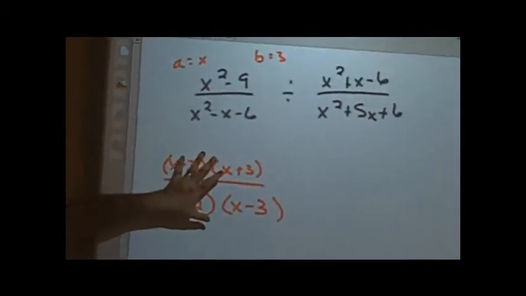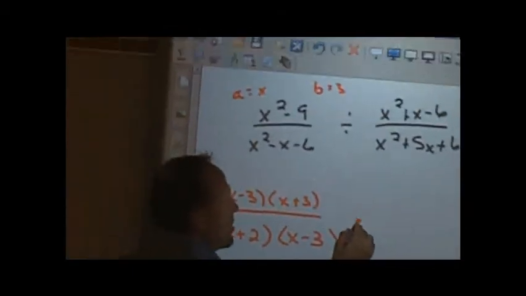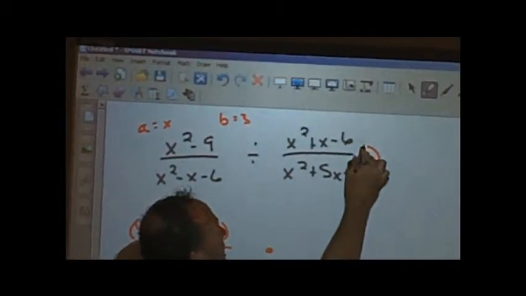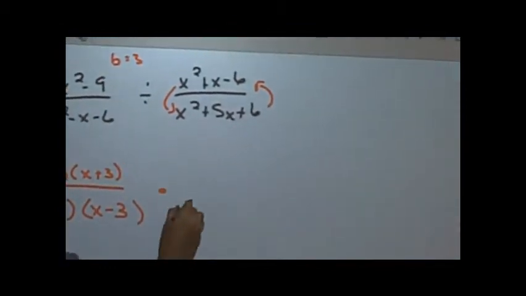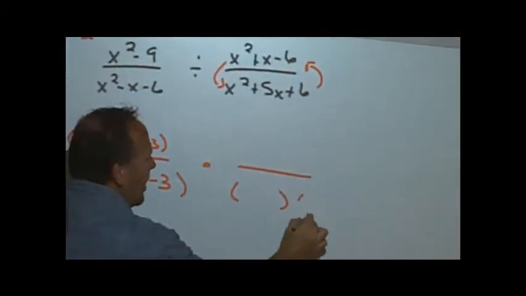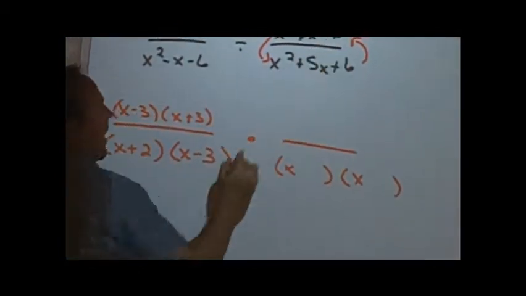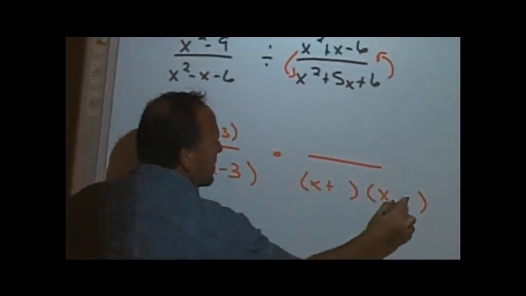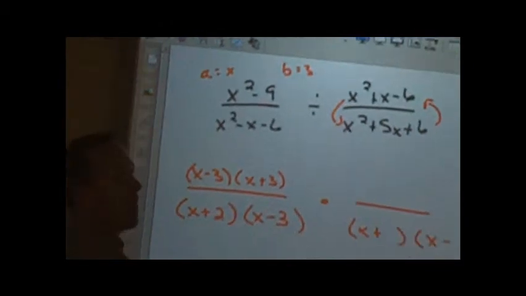Now I keep that. I change division to multiplication. It means I've got to flip my numerator to my denominator. So my numerator I'm going to break down, but that's actually going to go on my denominator side, so I got x and x. I've got, again, opposite signs, plus and minus. Factors of 6 will be 3 and 2. Which one's got to be positive this time?